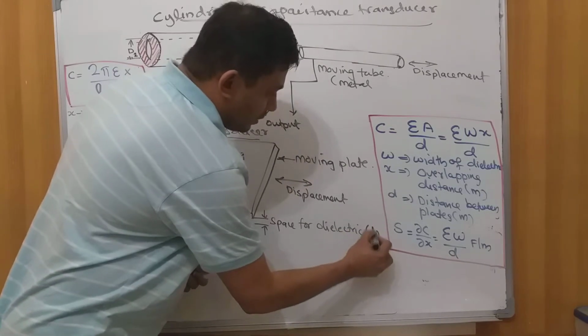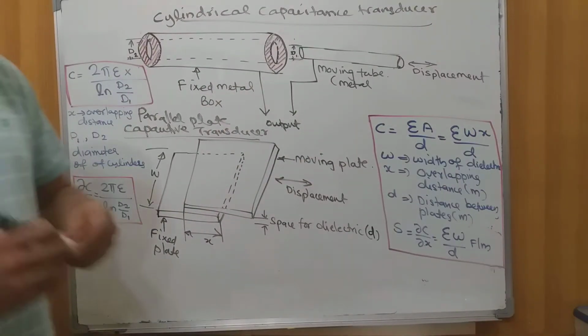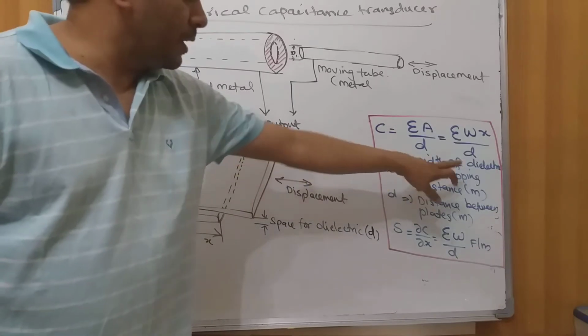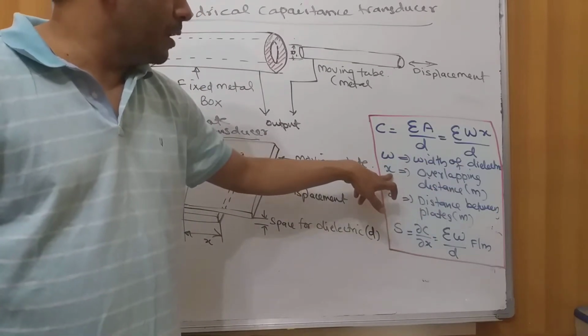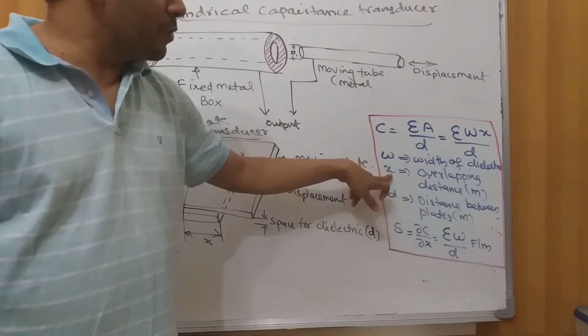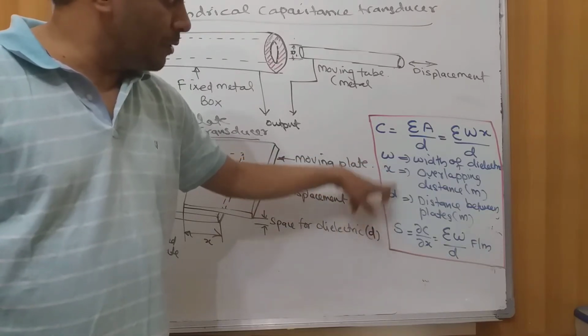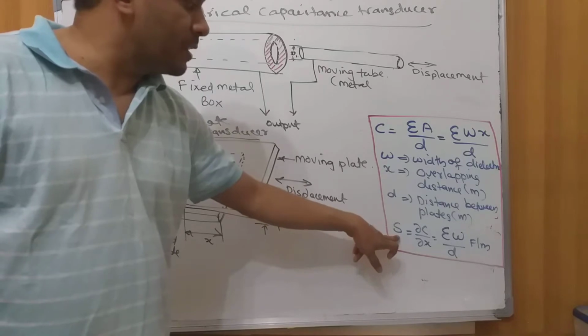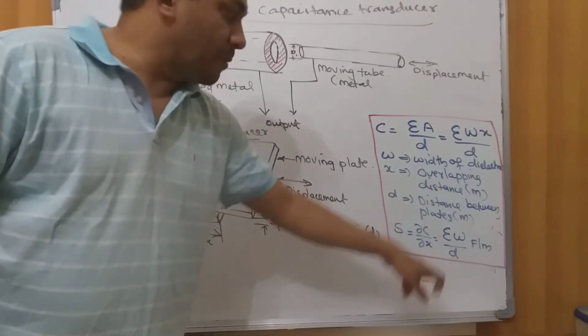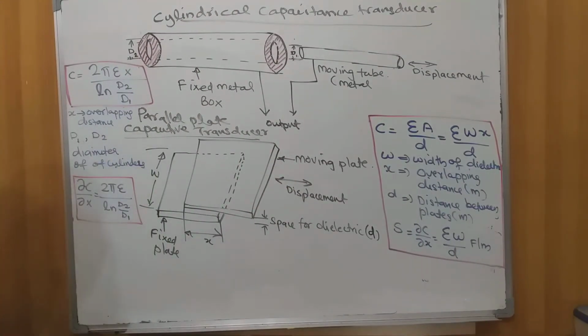Assume that this is D. W is the width of the dielectric in meters, X is the overlapping distance in meters, and D is the distance between plates in meters. If you find the sensitivity dc over dx, we get epsilon W divided by D in farad per meter.